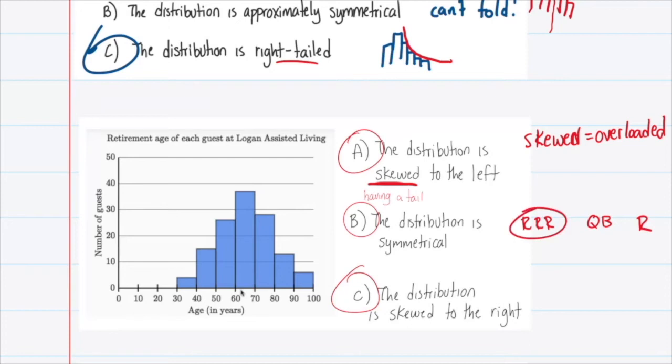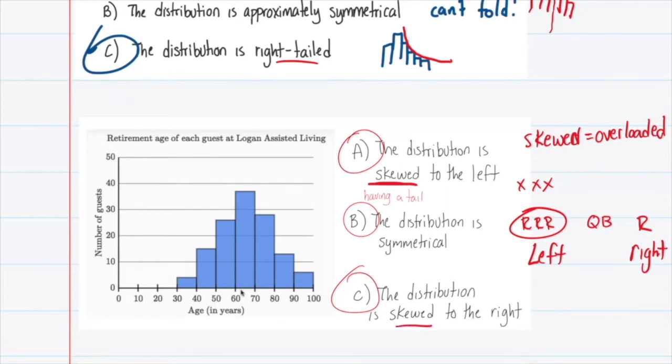Well, this side is overloaded with receivers, so the defense would also put some defenders out there too. In this case, it's skewed on the left side because there's too much data on the left compared to the right. So when I say skewed to the left, there's a lot of information on the left side. When they say skewed to the right, there's a lot of information on the right side.